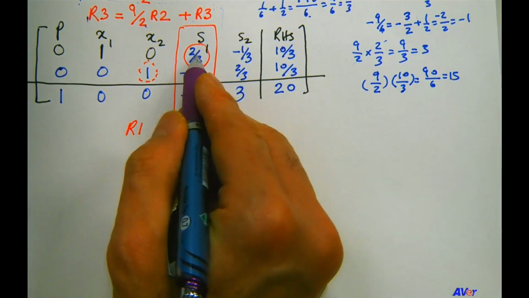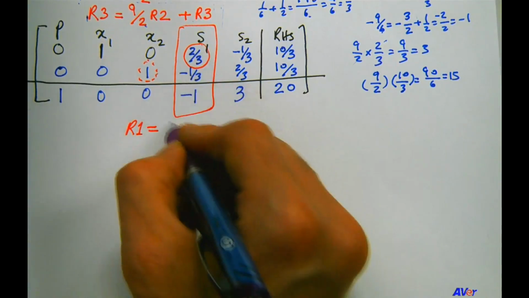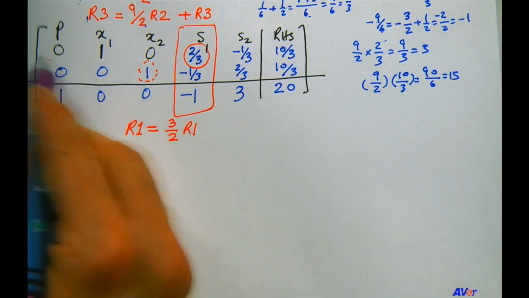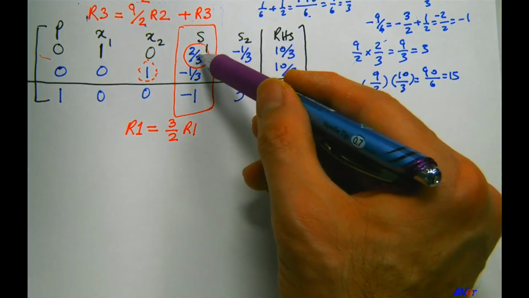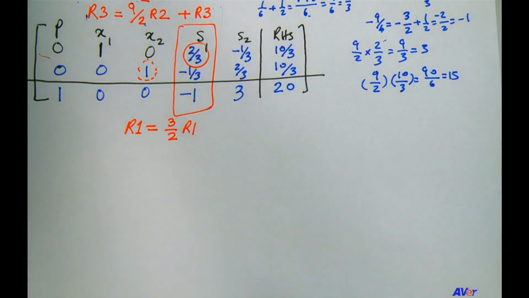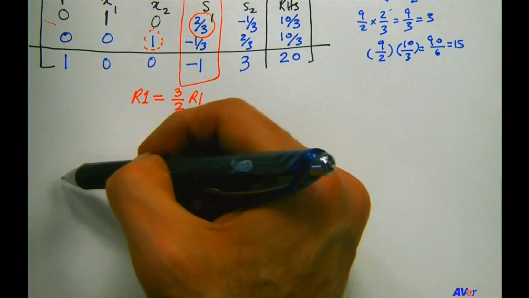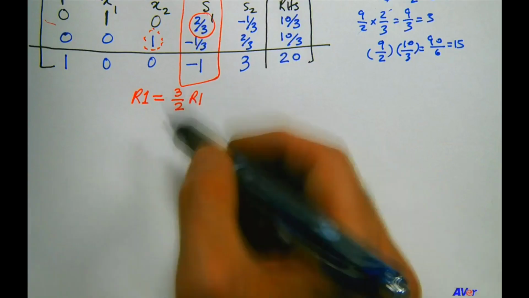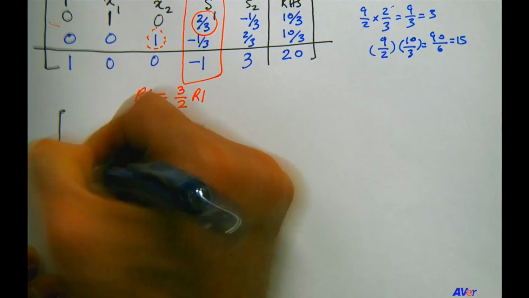So to convert this to 1, we're changing row 1, right, is equal to 3/2 row 1. So you multiply that whole row by 3/2, you're going to get a 1 in that spot, which is what we need. Okay, so let's do that. Again, please pause the video, write down the next tableau, then unpause the video to see my result. Okay, and I'm counting on you that you're doing that as you're watching this video.